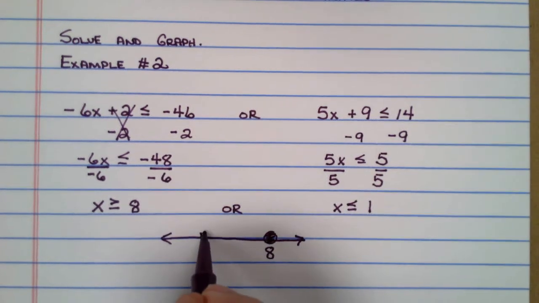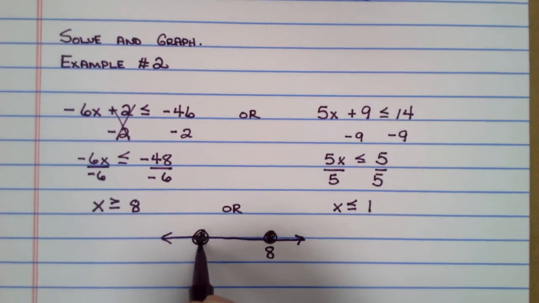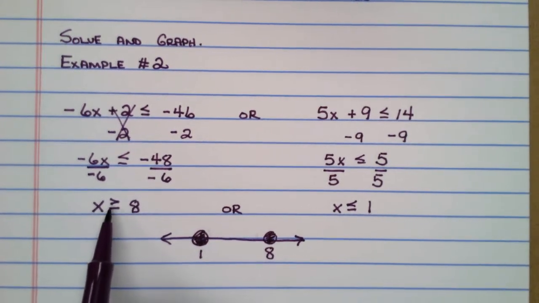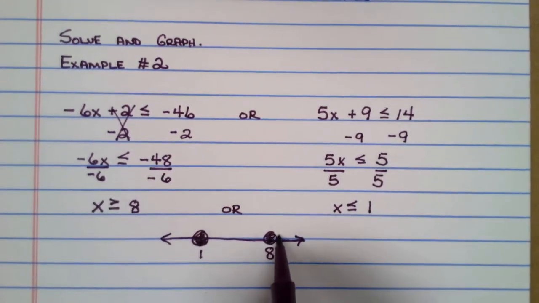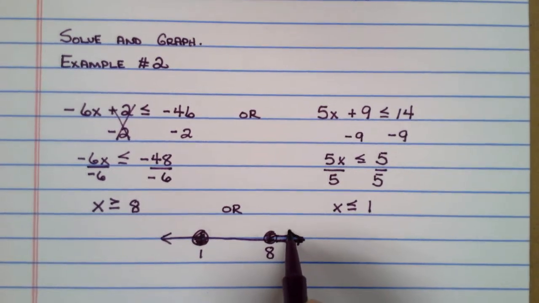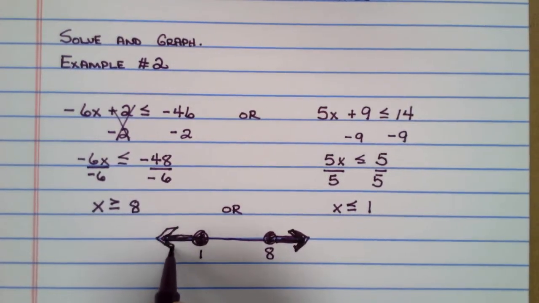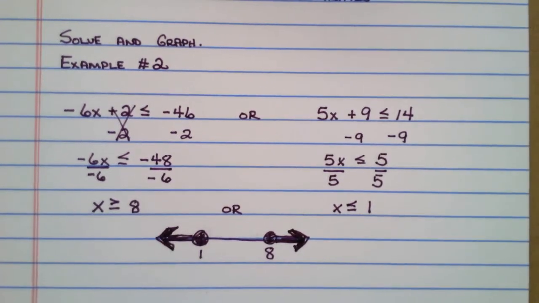For 1, I need to put a closed circle. And since this is OR, it's going to be shaded to the outside. This right here says x is greater than or equal to 8. That means everything greater than or equal to 8 is an answer. Less than or equal to 1 is also a solution.